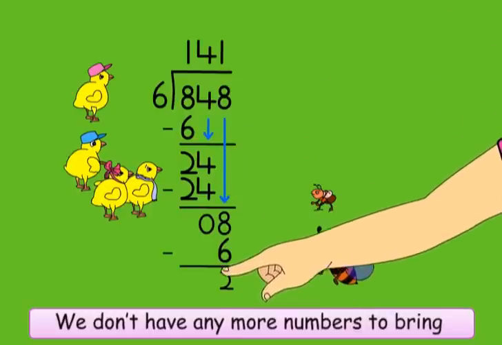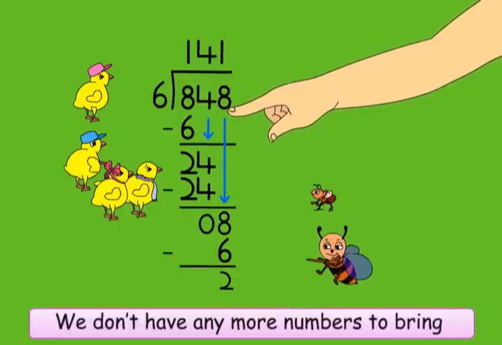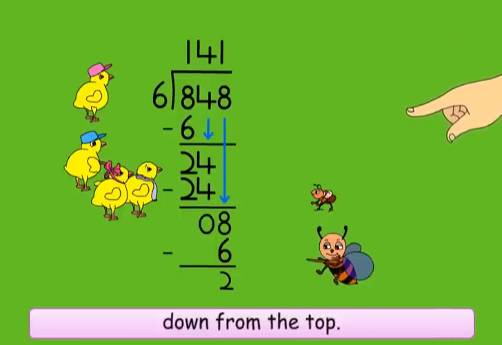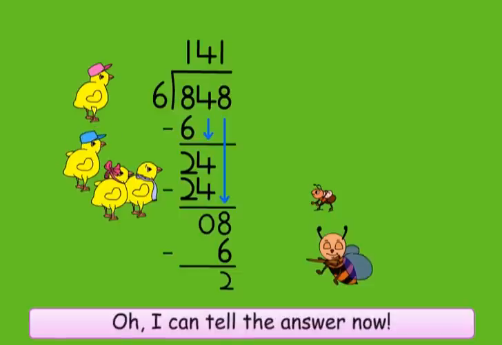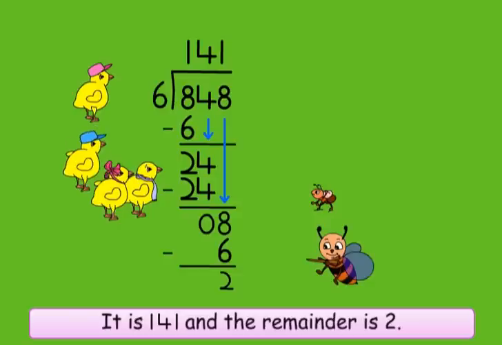We don't have any more numbers to bring down from the top. So our division is done. Oh, I can tell the answer now. It is 141 and the remainder is 2.